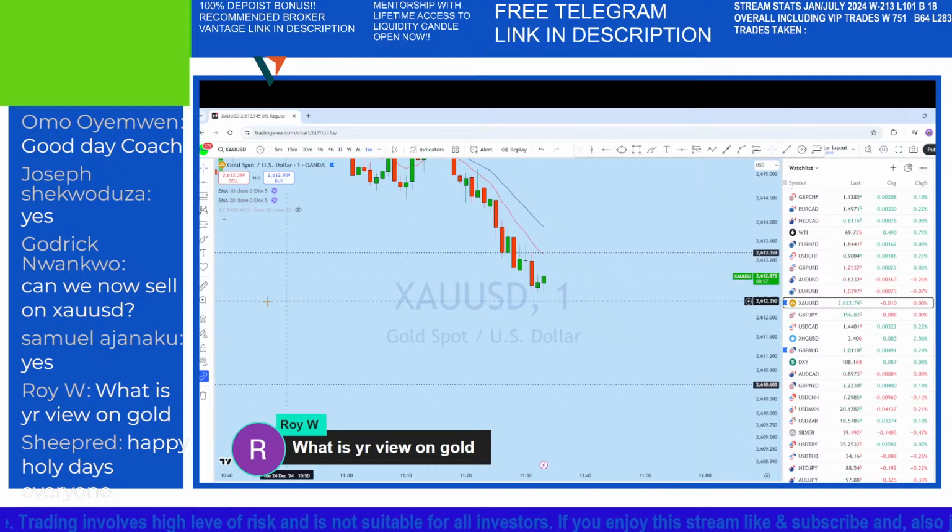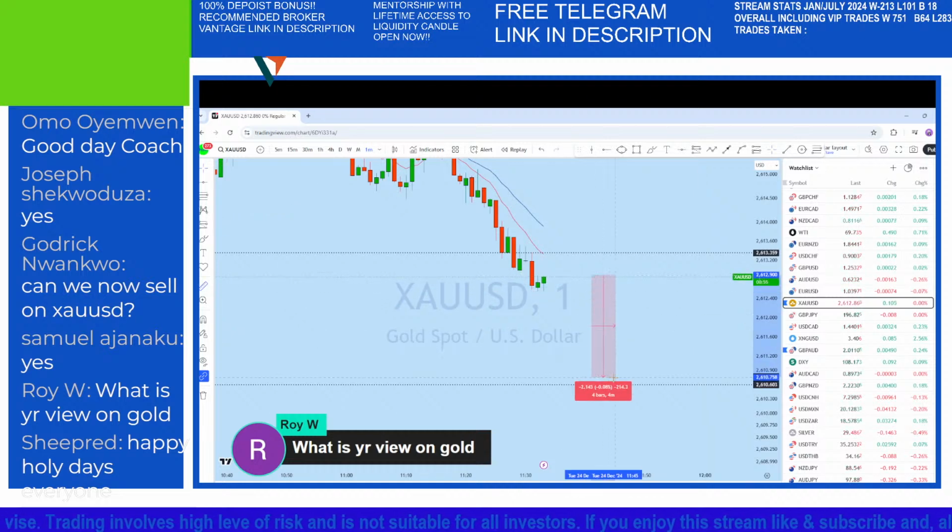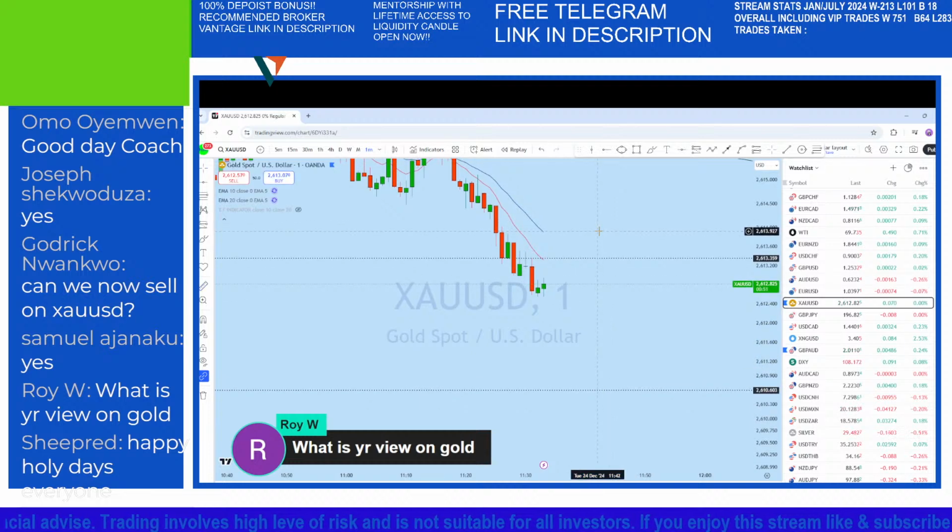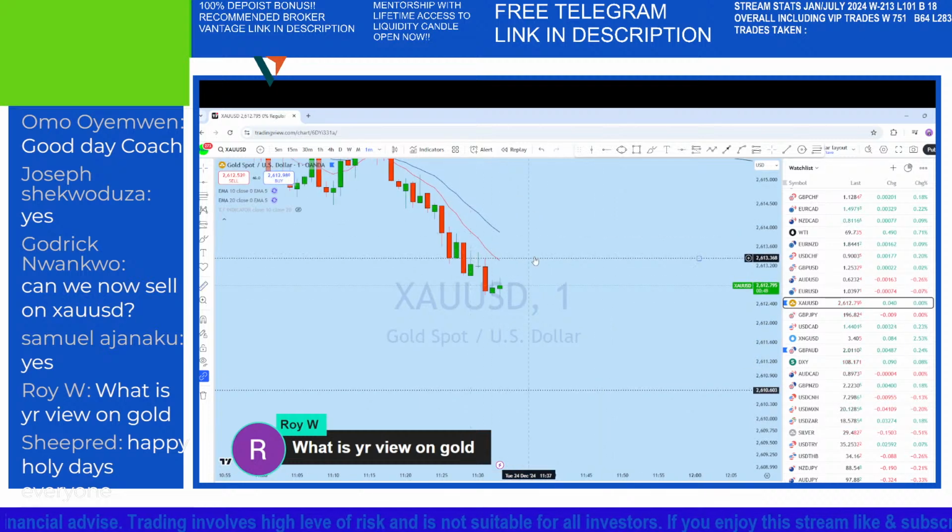So we will be waiting for a break of structure. So this is where a liquidity zone is.